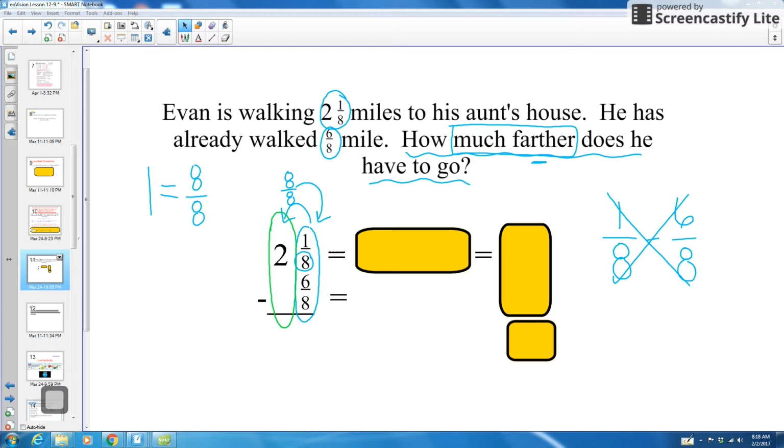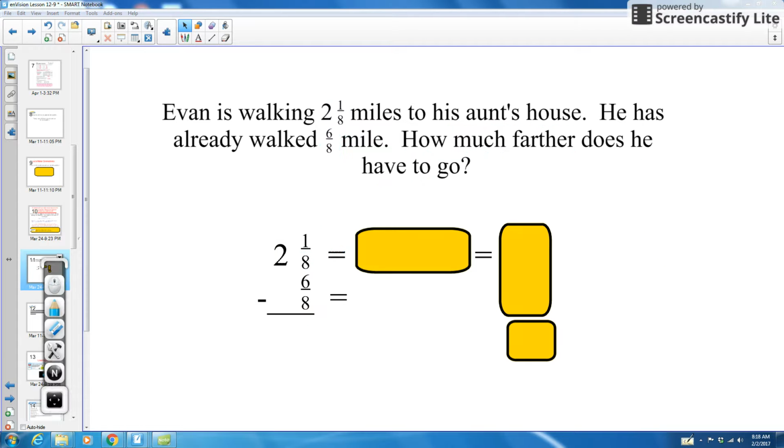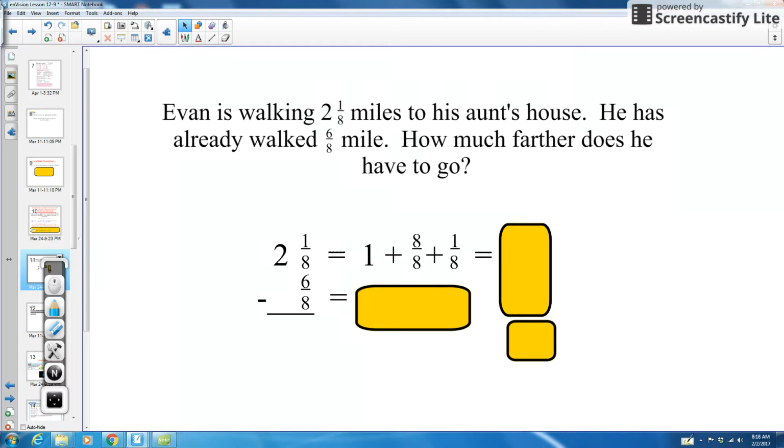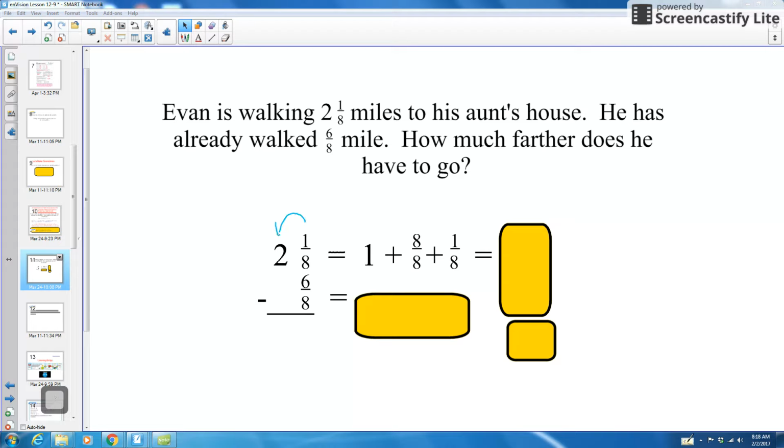So I would really be bringing 8/8 over to our fractional part here. And then that would become 9/8, okay? And I'm going to move my little yellow bubble here in a minute to show you what I mean. So what they did is they came over to that 2. I'm going to rewrite this. They came over to that 2 and they borrowed this 1.